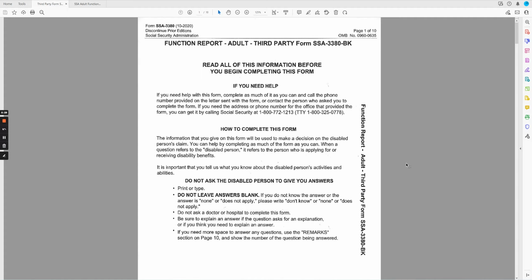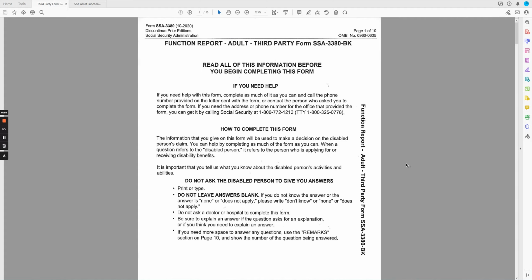It's a form that needs to be completed. It's a form that Social Security requests to be completed, and even when I did it for the purposes of this instructional video, the form took me about 45 minutes to an hour to fill out. And so we know, and I recognize, that your time is valuable, and so we're very grateful.